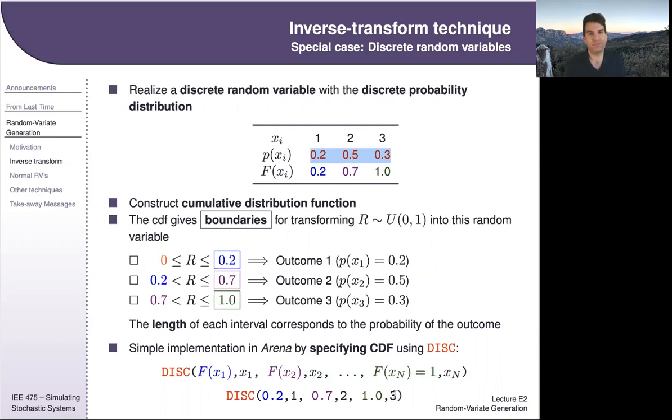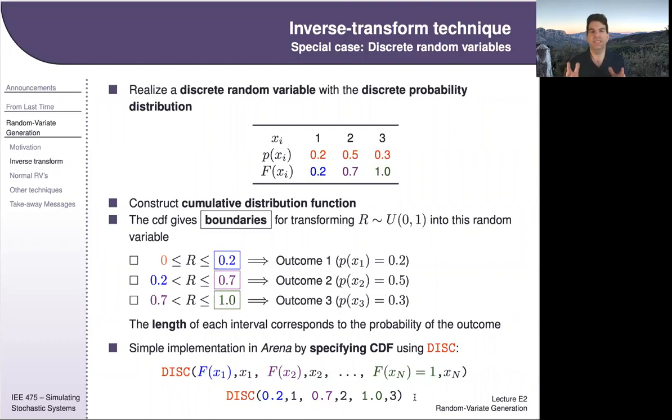But traditionally, and there are reasons for this, you don't use the probability mass function here. They want to make sure that you've done your math correctly, and you use the cumulative distribution function. That means that if you don't end on 1.0, and if the first arguments aren't increasing, when you hit run in ARENA, it will throw up an error saying that your disc function doesn't have monotonically increasing probabilities, or that your probability doesn't end in 1.